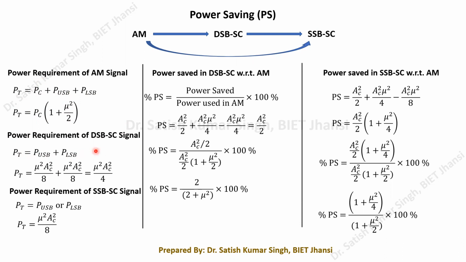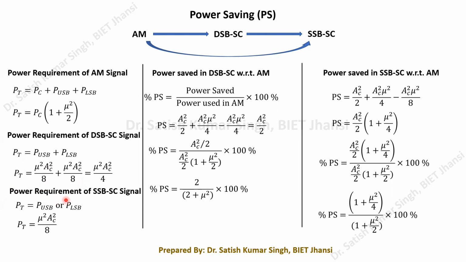In these terms, that equals Ac squared by 2 times mu squared by 4 plus mu squared by 4, so Ac squared mu squared by 4 is the total sideband power, the summation of the upper sideband and lower sideband. So this was the power requirement of our DSB-SC signal.